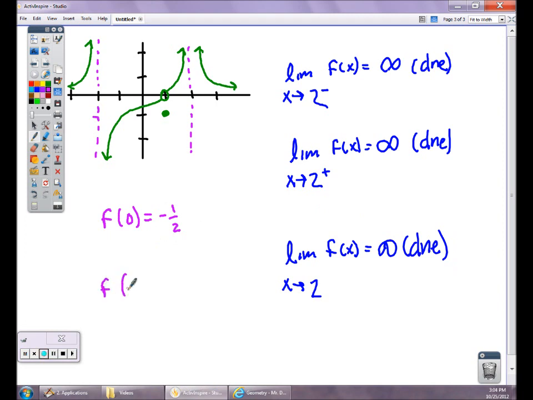The function evaluated at -2, well, now I'm on the asymptote, does not exist. And the function evaluated at +1, which I already mentioned, equals -1.